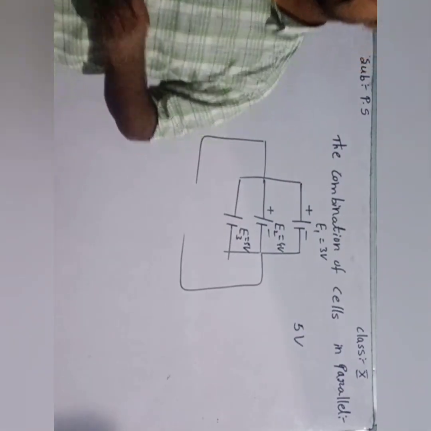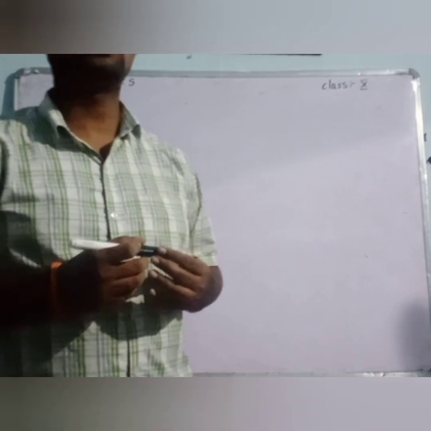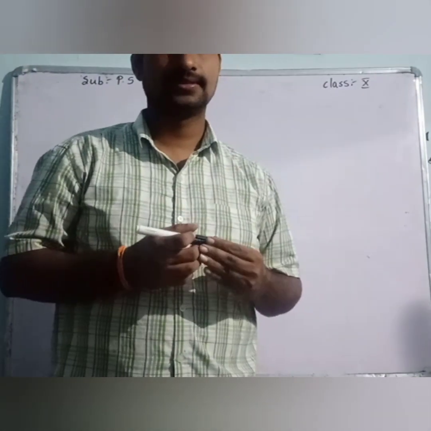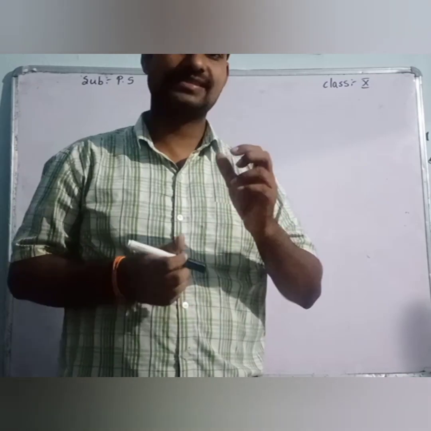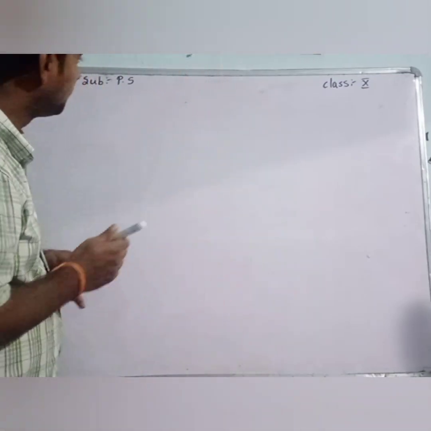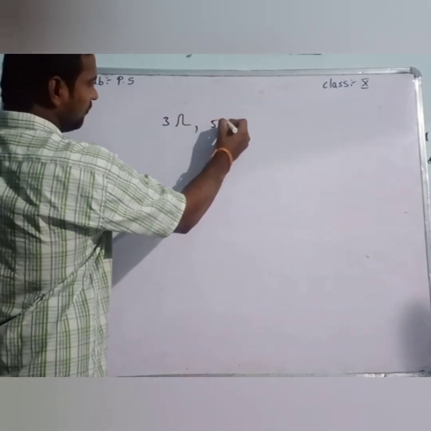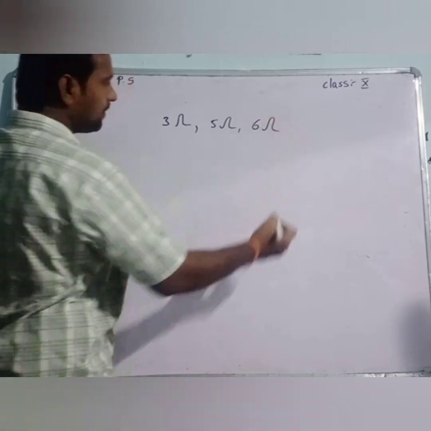Clear? Now we discuss problems on series and parallel combination of resistors. First, we discuss problems on series combination. For example, 3 ohms, 5 ohms and 6 ohms.